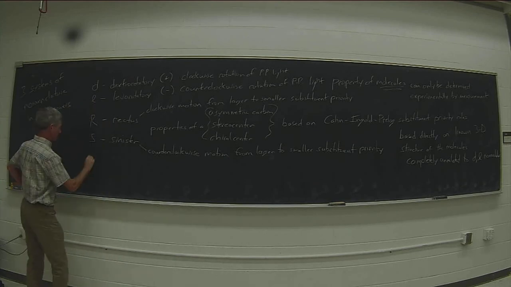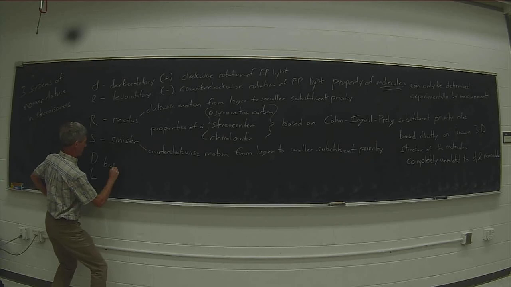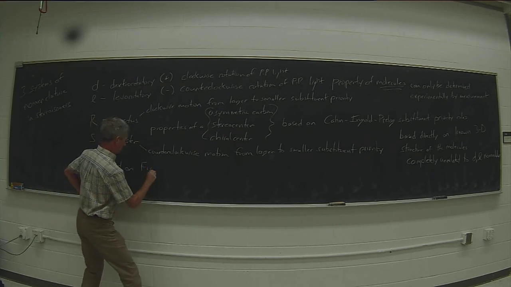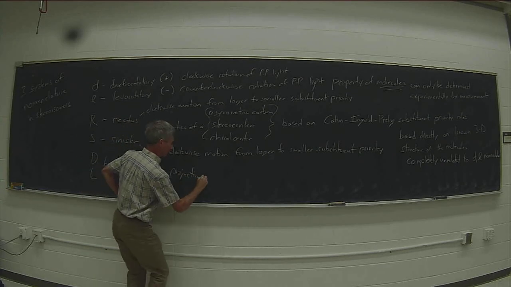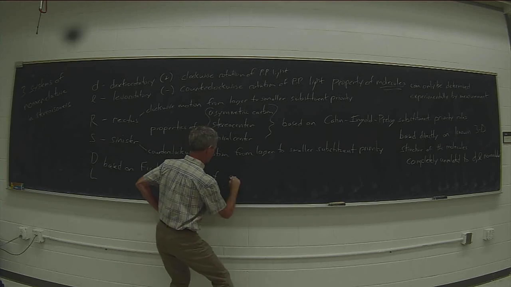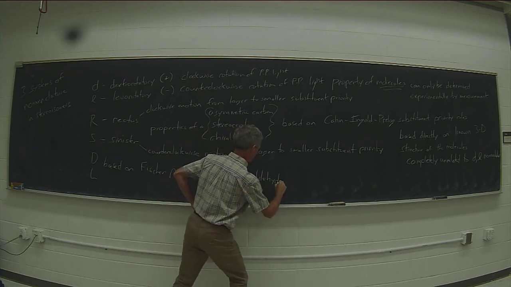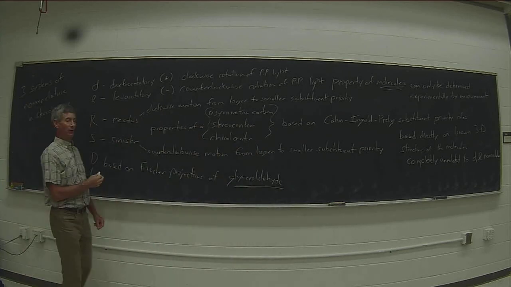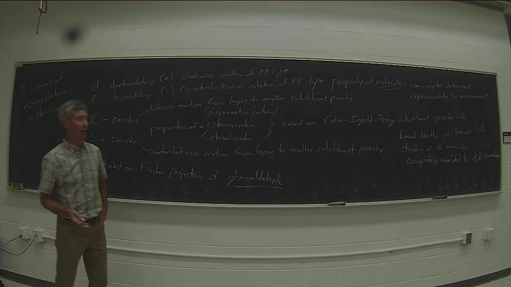The third set of nomenclature is capital D and capital L, and this is based on Fischer projections of glyceraldehyde, which is a 3-carbon sugar, the simplest sugar, 2,3-dihydroxypropanal.